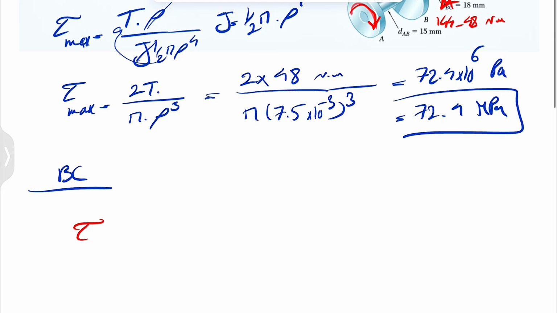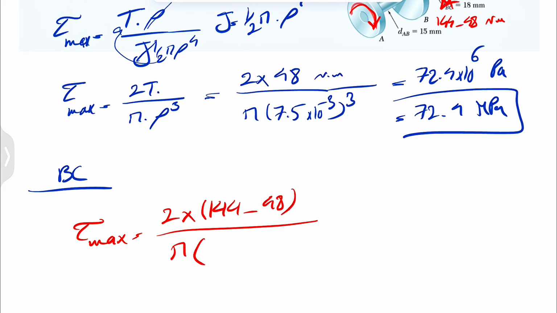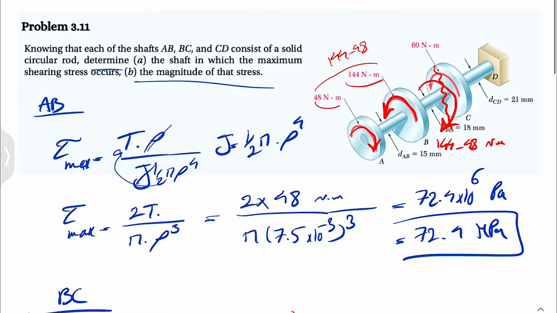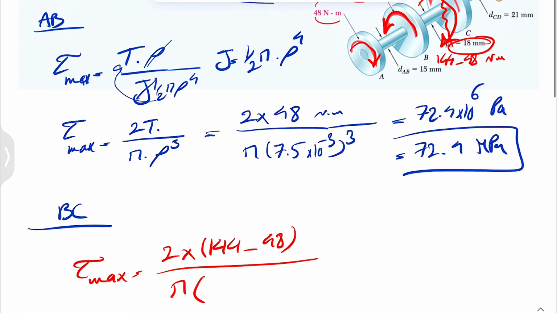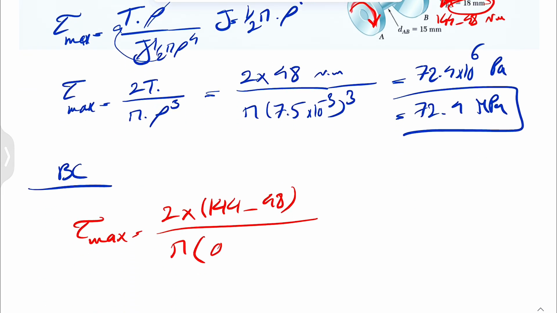Same formula. I'm just going to put a different torque in here, which is 144 minus 48, over pi. Looks like the diameter is different too, so keep in mind we need to divide this by 2 because it's a diameter. So 9 divided by 1,000, I'm just going to put 0.009, all to the power of 3.